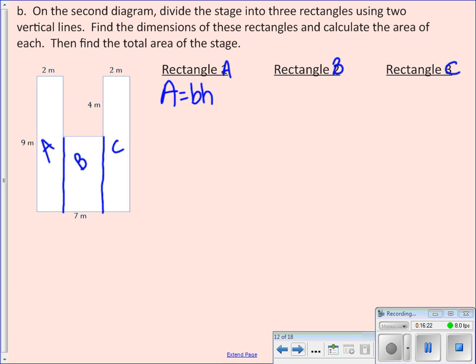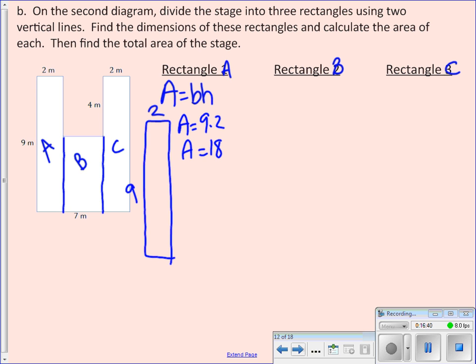So A, what is my height on A? And what is my width or my base? 2. So that one worked out nicely. So area equals 9 times 2. Area equals 18 meters squared. I know that C is the same thing.